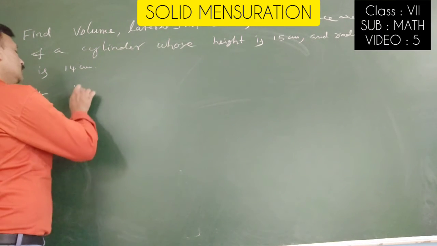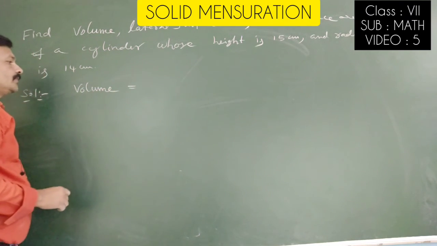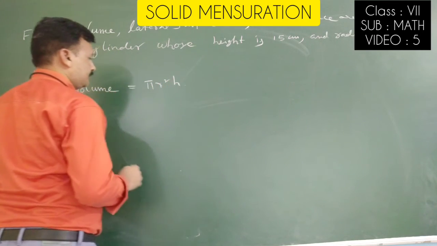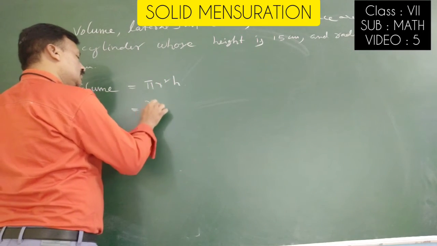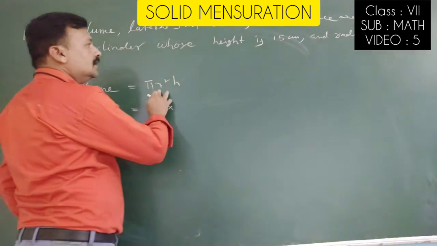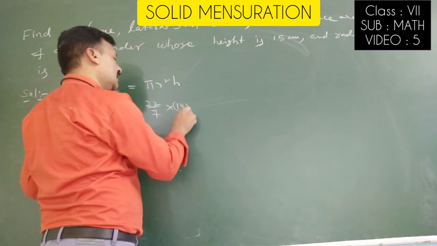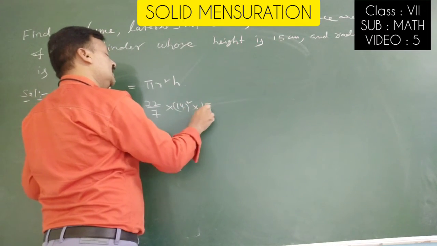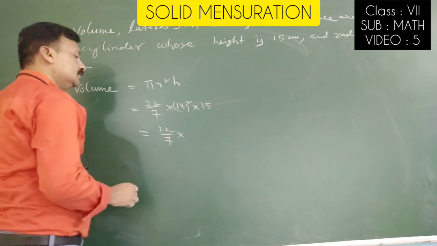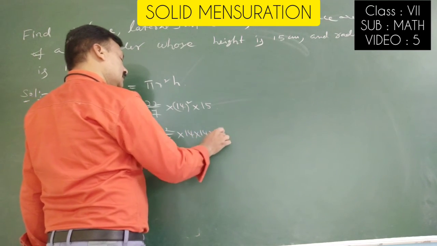Now volume equals pi r square h. Here pi value is 22 by 7. Here r is given as 14, so 14 square. Height is 15. So 22 by 7 into 14 into 14 into 15.